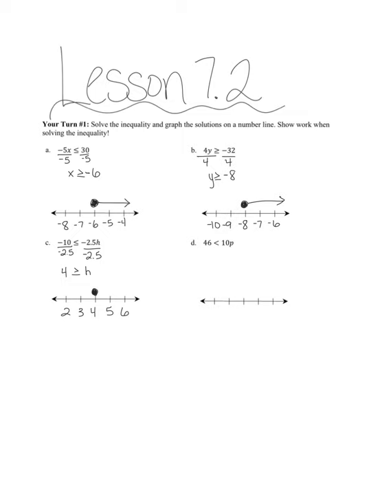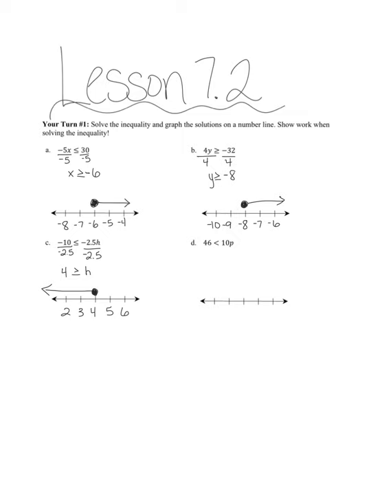So 4 is the greatest value because it's also equal to. So my line in this case is going to go to all the digits in which 4 would be the greatest value. So that's going to be all digits less than 4. So my line here is going to go to the opposite direction toward the smaller digits.